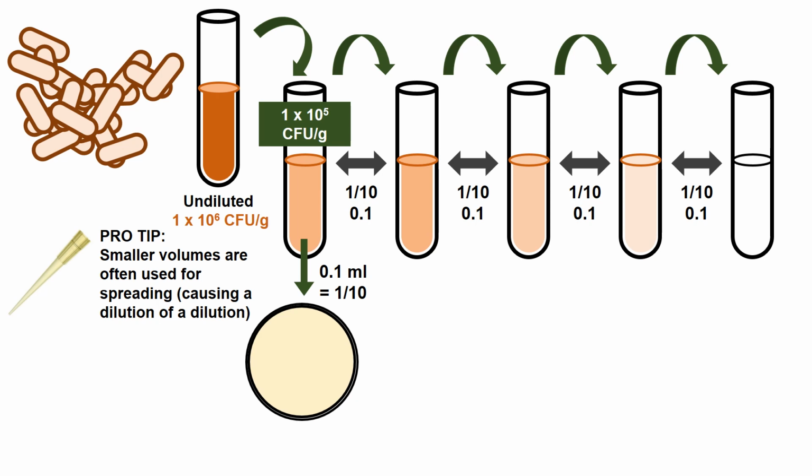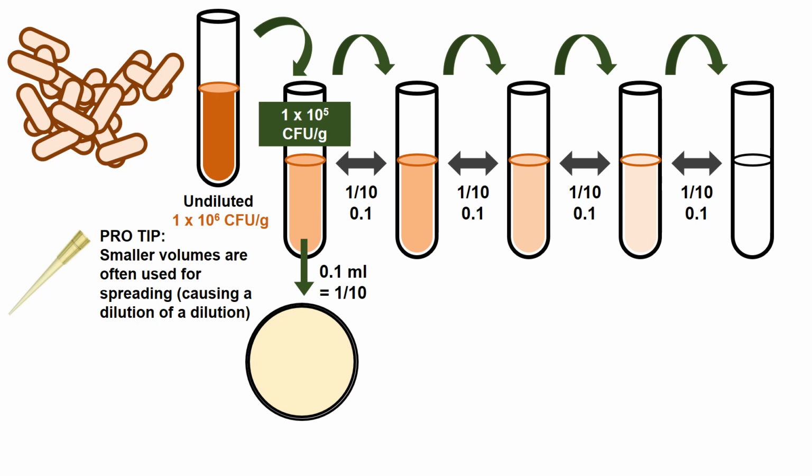And if you remember the first video where I asked you to convert milliliters to microliters a couple of times, you might recall that 0.1 mils is equal to 100 microliters, or moving the decimal place to the right 3 times, because there's 1,000, 3 powers of 10 times the number of microliters per 1 milliliter.